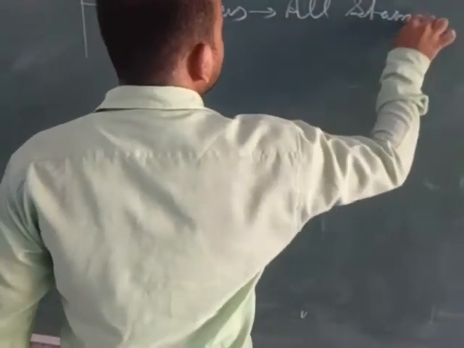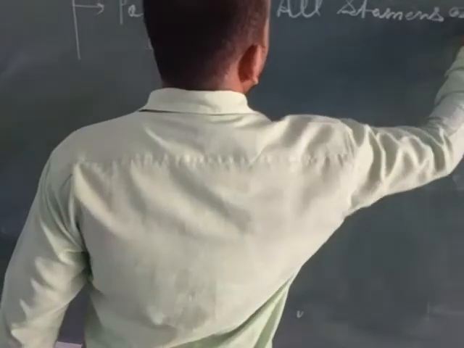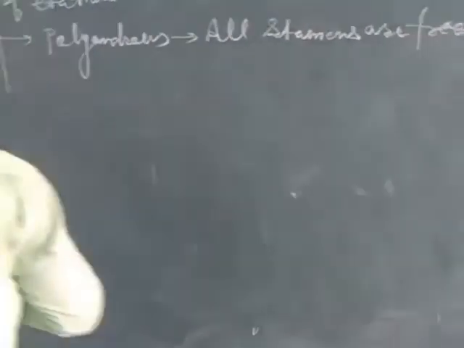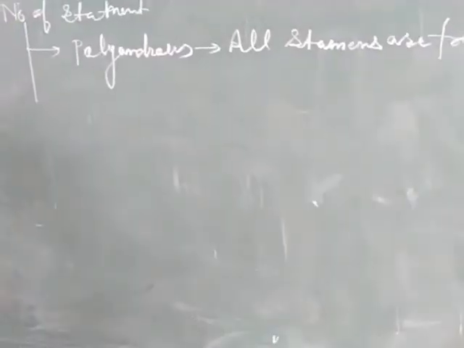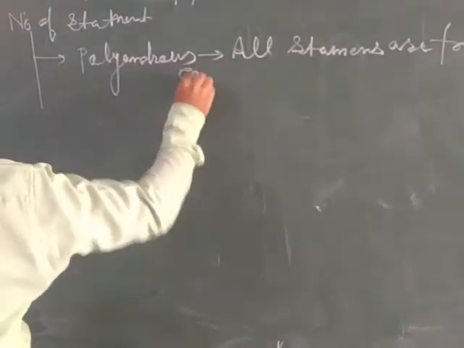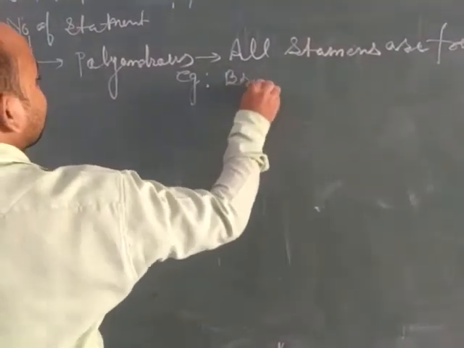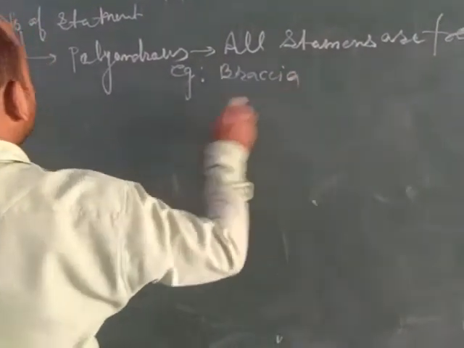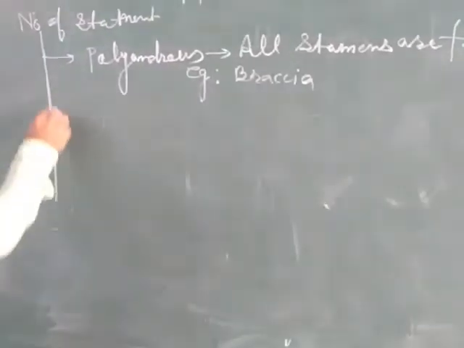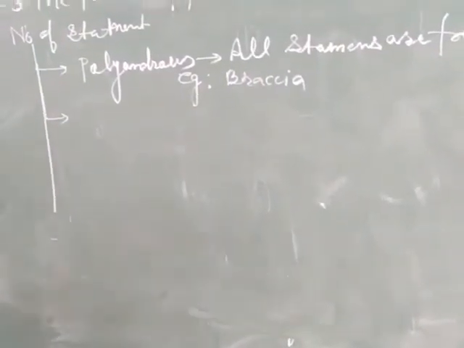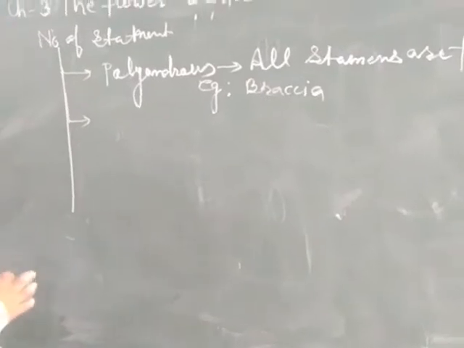We can see this situation in Brassica. Brassica campestris is the example showing the polyandrous condition, meaning all stamens are free from each other.